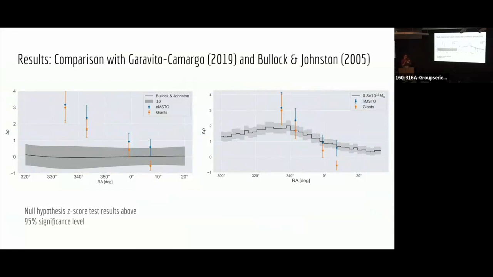But on the densest fields, we see a consistent behavior amongst the two. So I'm not really that concerned about completeness limit issues in this. Thank you so much, Manuel.